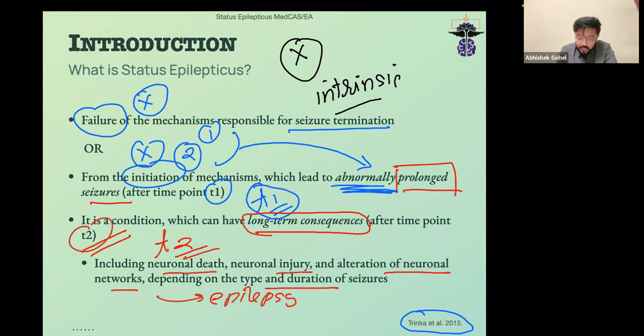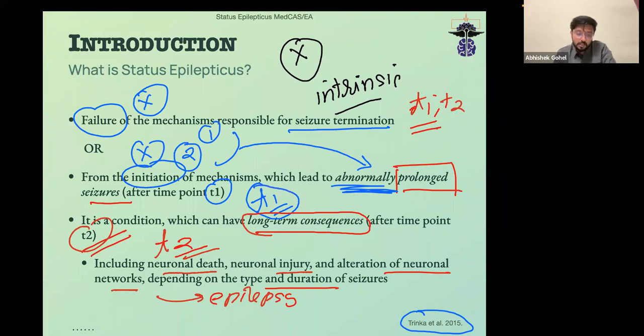And this time T1 and T2, they are different depending upon the type of the seizure that we are dealing with. So just let us recapitulate. What is status epilepticus? It is failure of initiation of these mechanisms or failure of these mechanisms which are responsible for termination of the seizure. It leads to an abnormally prolonged seizure, that is time T1, after which we will call it an abnormally prolonged seizure.